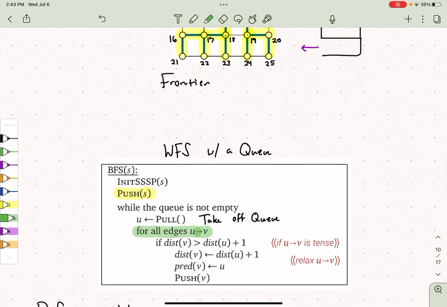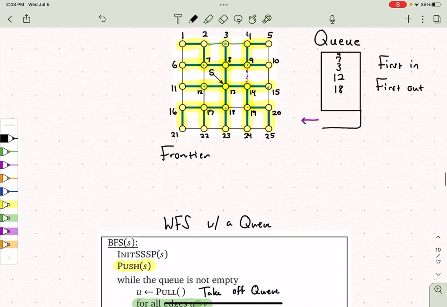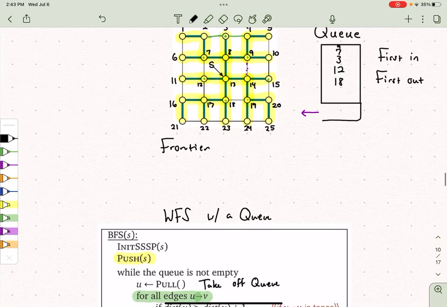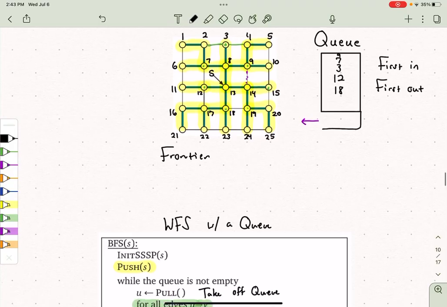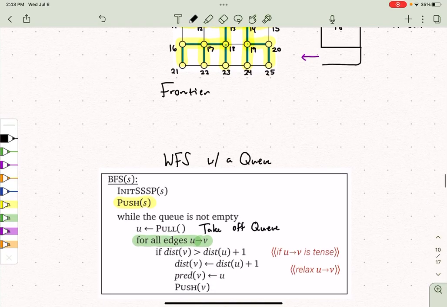And for each neighbor, what we're going to do is update this distance function. So what I described above is just how we're going to move throughout the graph. But while we're doing that, we're also keeping track of the distances. So in particular, the distance of S starts at 0, because of course the distance from S to itself is 0.